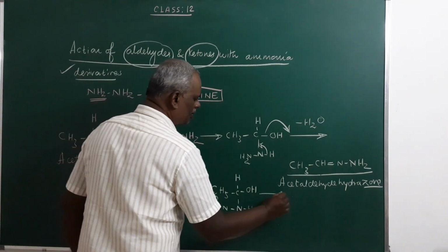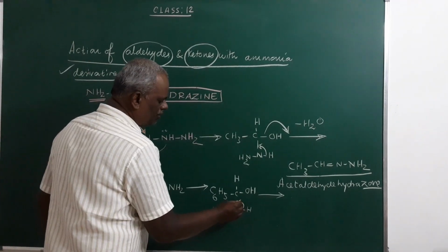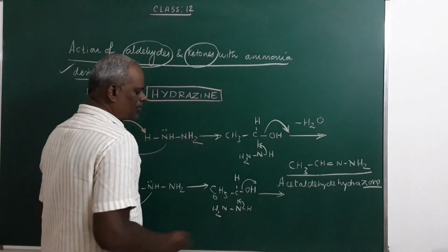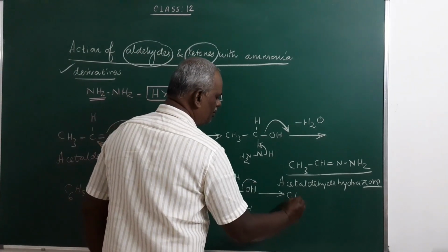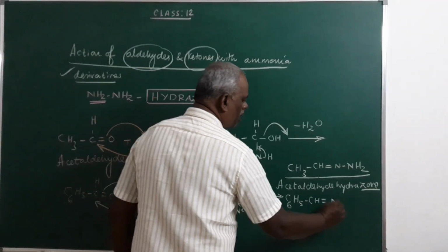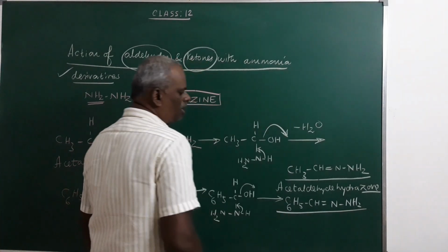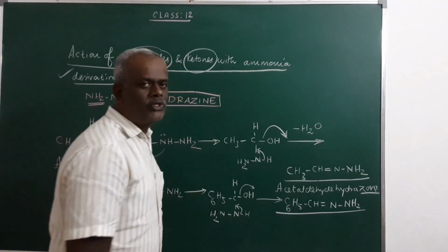In the next stage, there will be a chance of getting the water molecule. H is removed and OH is leaving. And the product will be C6H5CH double bond N, NH2. This is to be called benzaldehyde hydrazone.